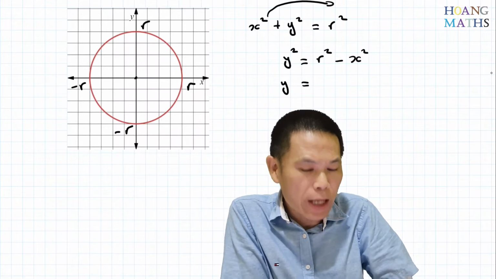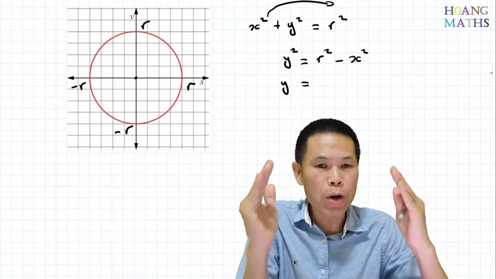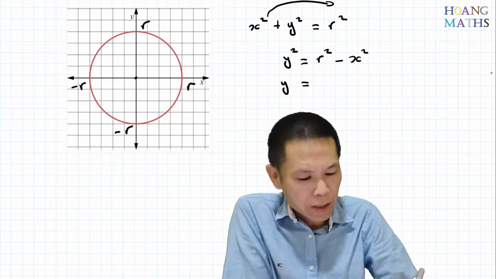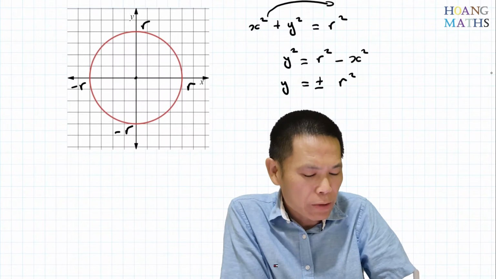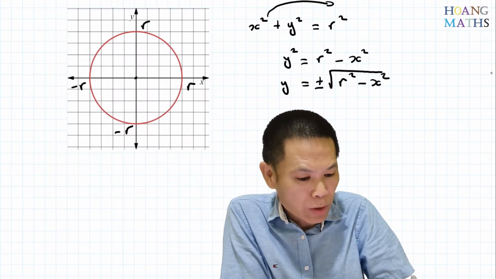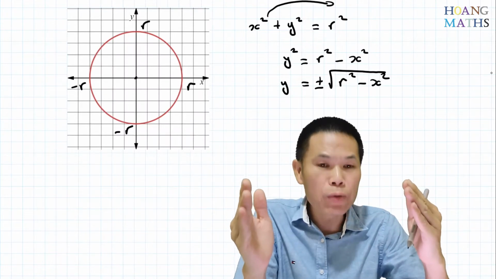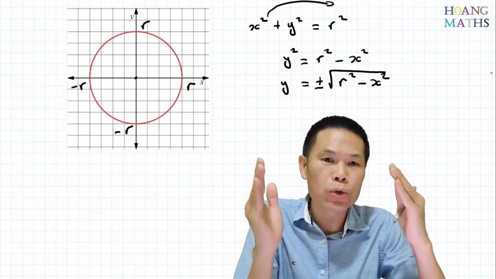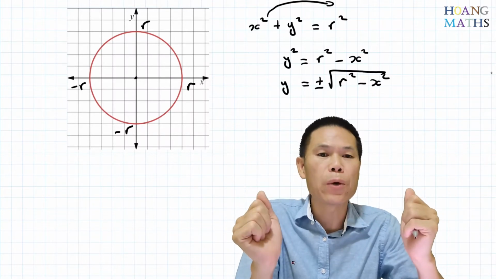Remember, every time we square root a number, we need to have a positive and a negative. So we have plus or minus the square root of r squared minus x squared. There you go. A circle can be written as y is equal to plus or minus the square root of r squared minus x squared.